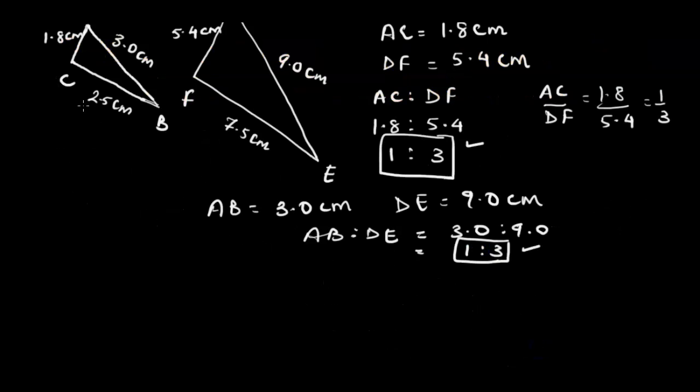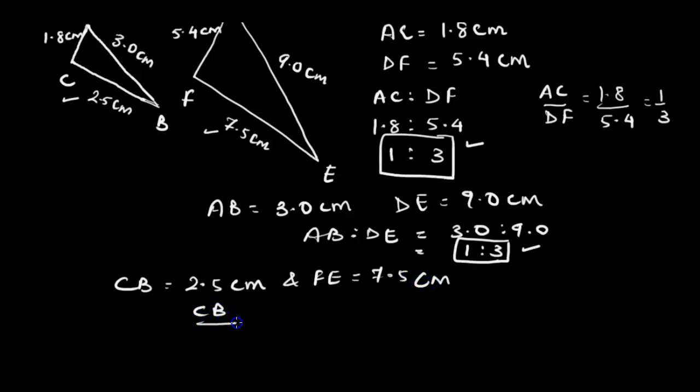Let's compare the third corresponding side length, that is CB and FE. CB is given to us as 2.5 centimeters and FE is given as 7.5 centimeters. When we divide CB, the side of the smaller triangle, by the side of the bigger triangle, we get 2.5 divided by 7.5, which is 1/3, or as a ratio, 1:3 again.